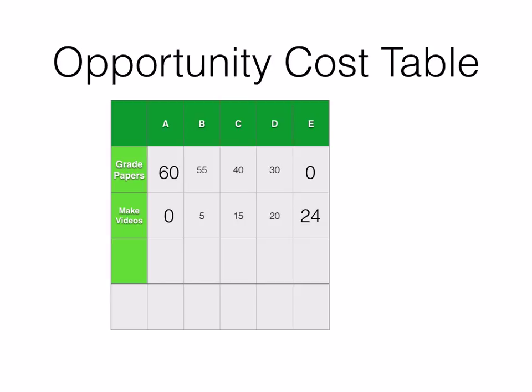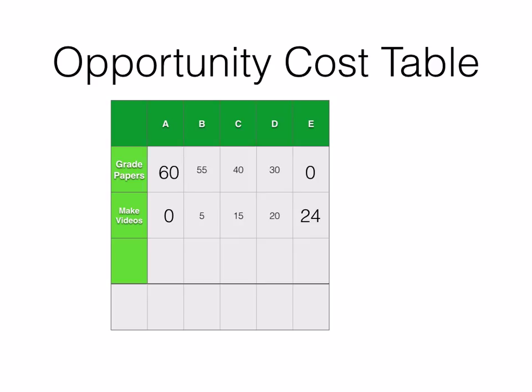I have to make a choice in a day. I can grade papers and make videos. Those are the 2 things that I can do in my work day. So let's say that I made the choice to only grade papers. If all I did in a day was grade papers, I can get 60 done in a day. Not making any videos.